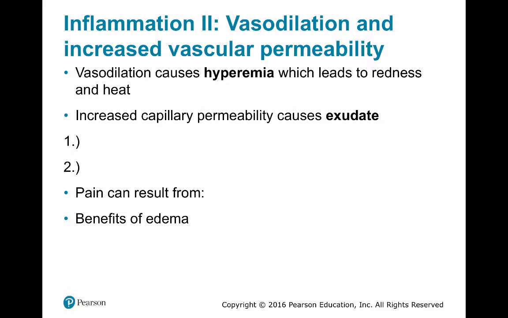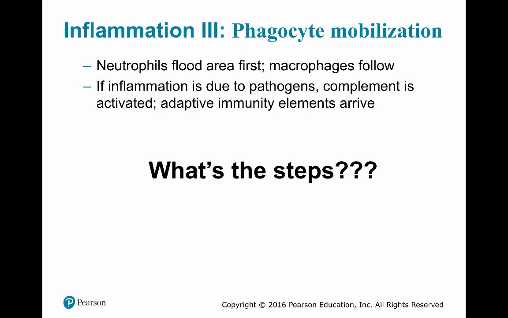Now, the second step that's important in looking at stages of inflammation is the vasodilation and increased vascular permeability. And so vasodilation causes hyperemia.